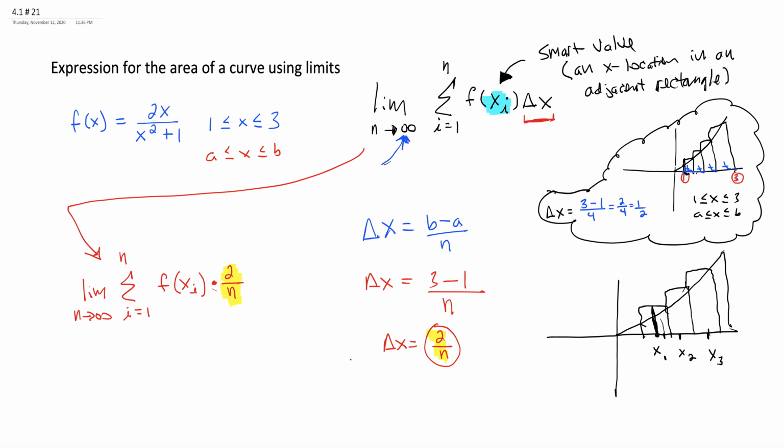Also, I just want to mention that this right here represents the height of the rectangle, and this represents the width of the rectangle. So together, these two represent the area of one rectangle.